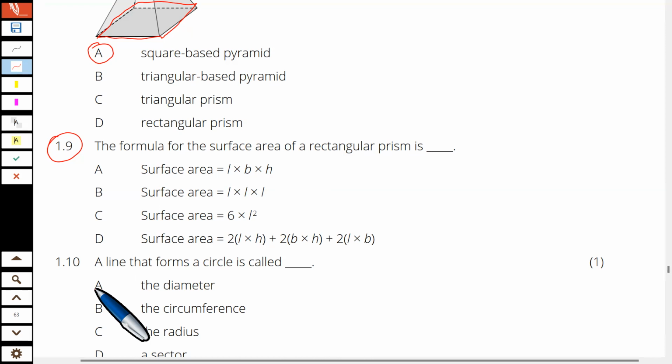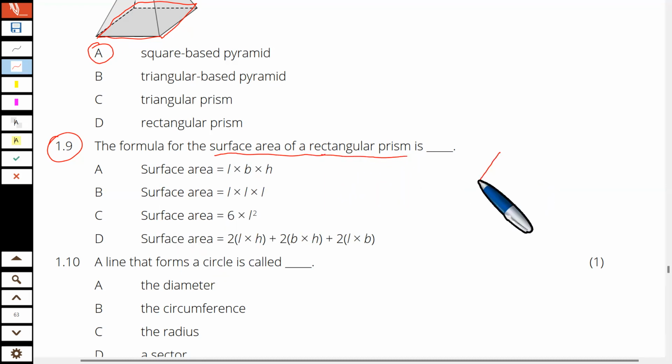I think it is D. Please come again. D, surface area 2, length times height, plus that's 2. Correct, because we're looking at the formula for the surface area of a rectangular prism. So the surface area of a rectangular prism is what?